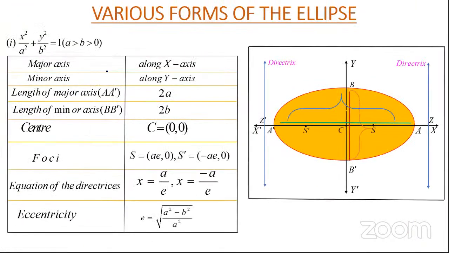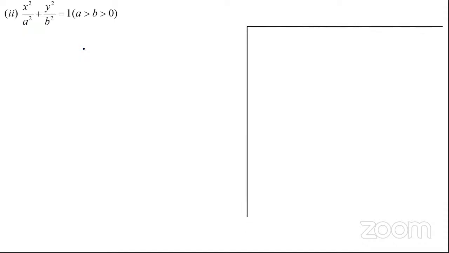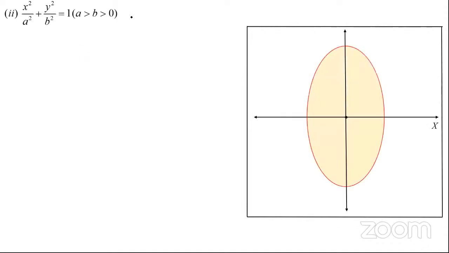Next, here we took a greater than b. Now we are going to take b greater than a, and both are greater than 0.